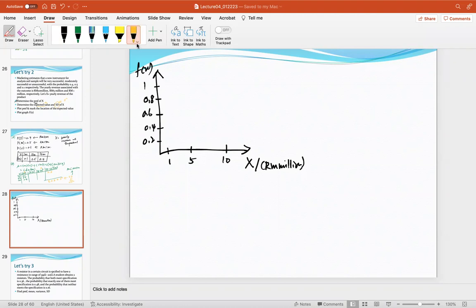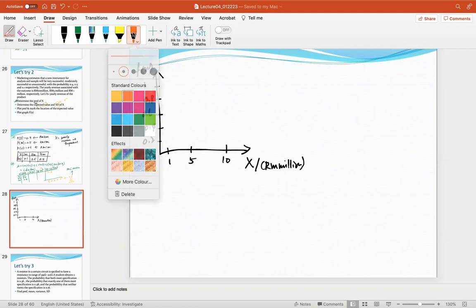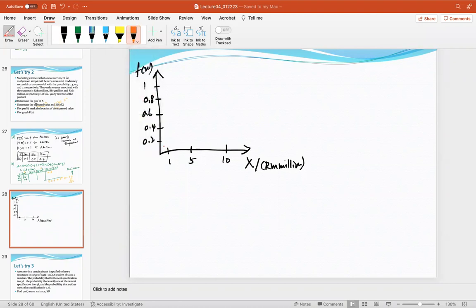Let me use orange, about this part. So 5 is 0.5, so this part. 10 is 0.4. You can draw it as a line. This is your PMF graph.